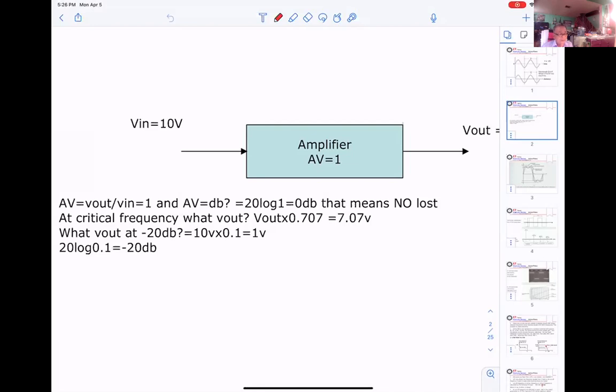So at the critical frequency, the output will go down to 7.07 volts, or you can say it goes down to minus 3 dB. Minus 3 dB is equivalent to 0.707.